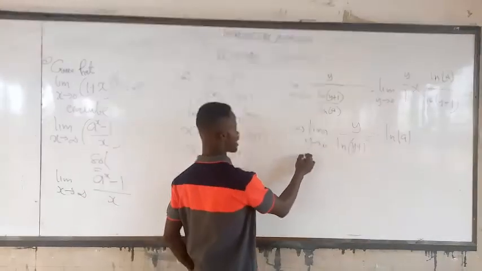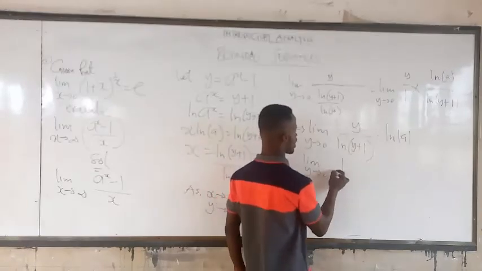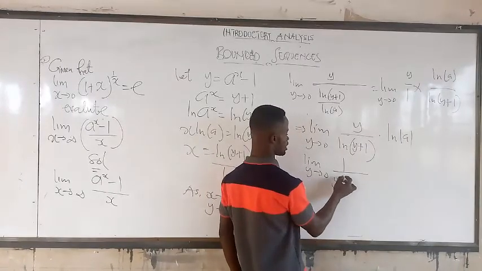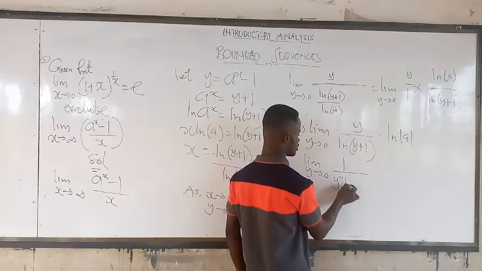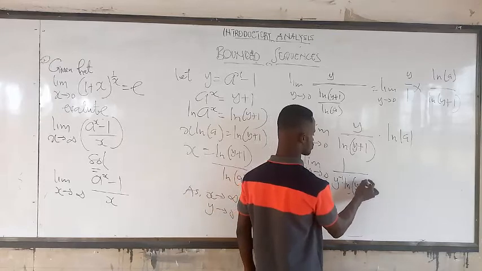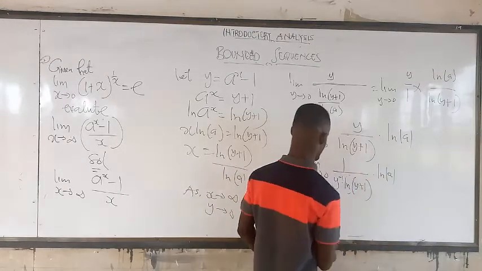So here we can write this as the limit as y approaches 0 of 1 over (1 over y) ln (y plus 1), times ln a.